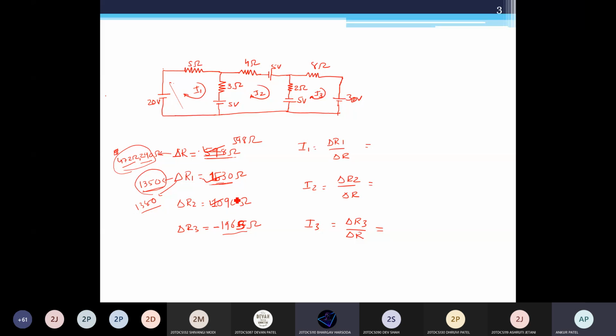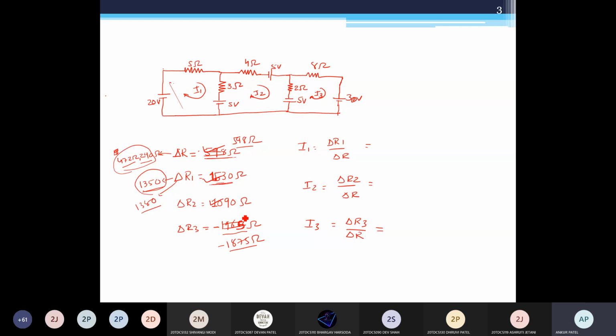And delta R3 minus 1875 ohm. So this is the correct answer: delta R 598, delta R1 1530, delta R2 1090, and delta R3 minus 1875 ohm.